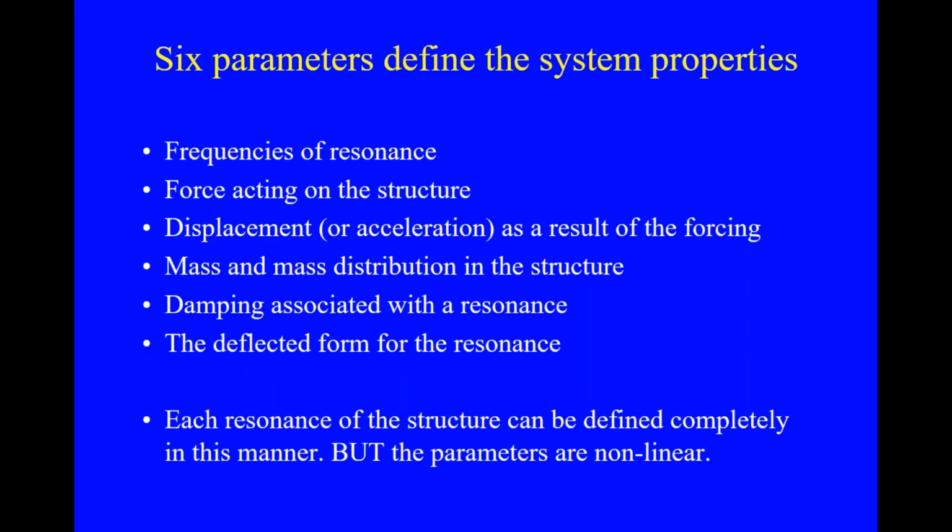Now, things do change. There are things that we do understand better. We get different materials. We are able to modify the way that we design with new abilities, like, for instance, computer-aided design. But if we're going to do that definition in the first place, we've got a number of things to define each mode of vibration, and they are these: frequencies of resonance, the force acting on the structure, that'll be in the code of practice.